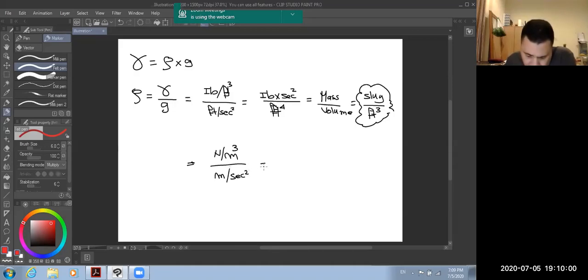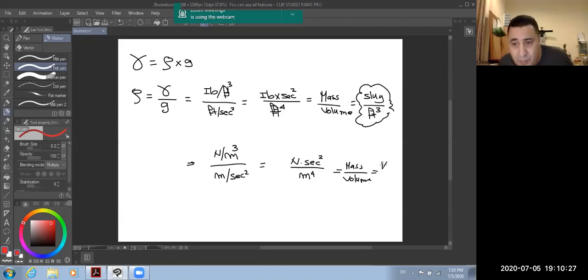That equals Newton multiplied by second square over meter to the power 4, the same, equals mass over volume, which is kilogram over cubic meter.